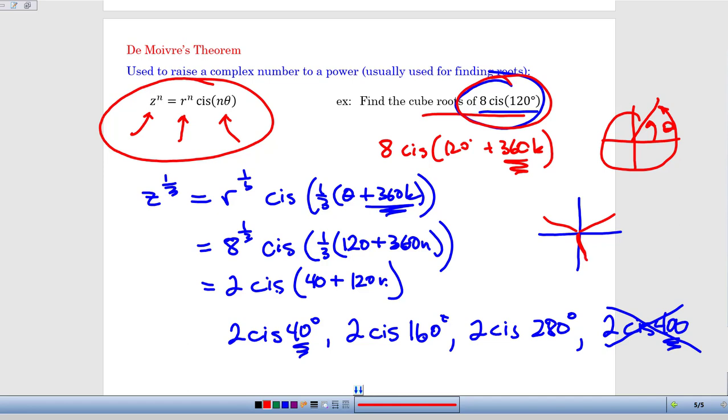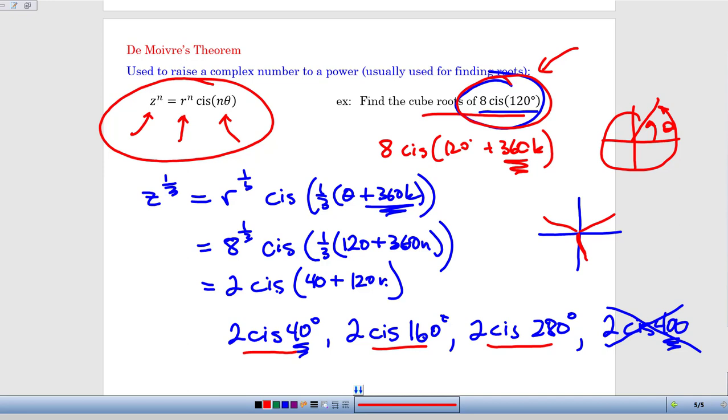So there are 3 separate r cis theta formats: 2 cis 40, 2 cis 160, 2 cis 280, that if you were to raise those back to the third power, if you were to cube those numbers, each of those would get you back to this 8 cis 120.